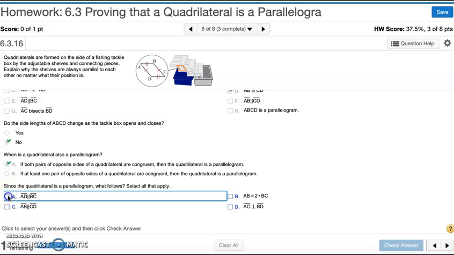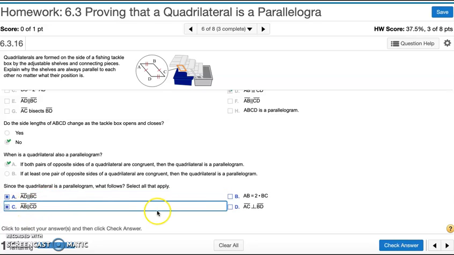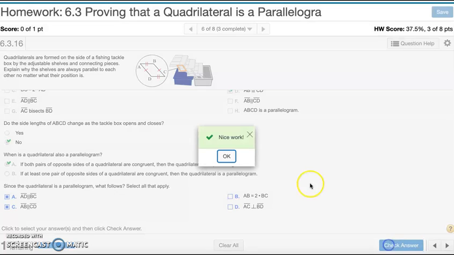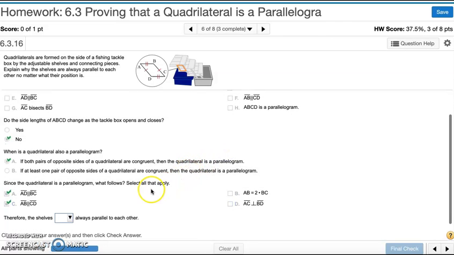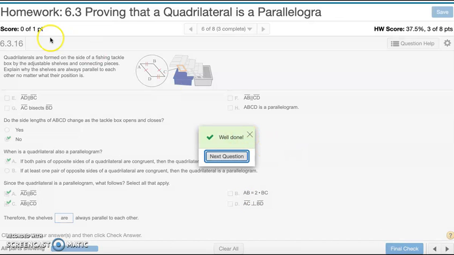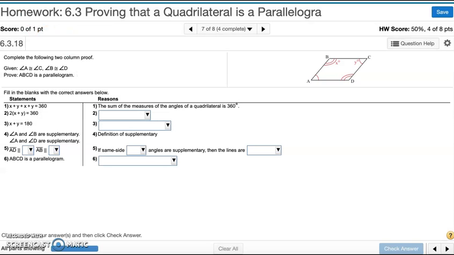That means AD and BC are parallel, and AB and CD are also parallel, because opposite sides are parallel to each other in a parallelogram. Therefore, the shelves are always parallel to each other. And that's number 6.